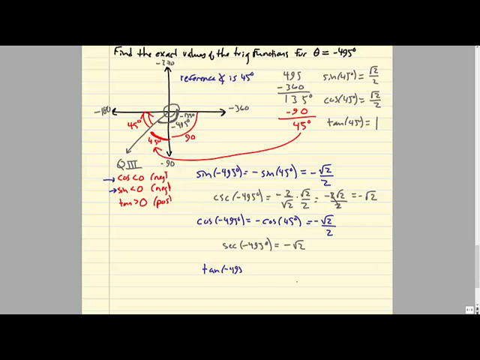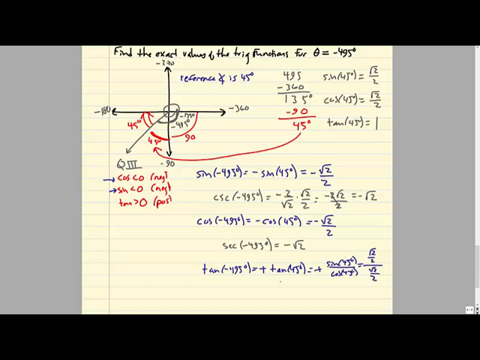of negative 495 degrees is going to be positive. So I'm going to just put a plus sign there. When you enter your answers in My Math Lab, don't put a plus sign. I just want to put it here so we remember to check. And that would be sine over cosine. And we already know from sine over cosine, from up above, if we want to write it out, square root of 2 over 2, square root of 2 over 2.